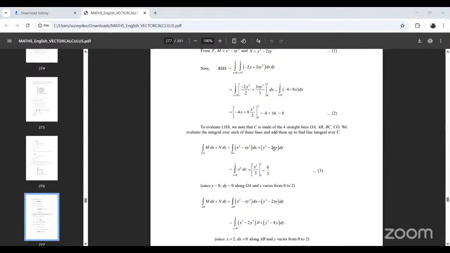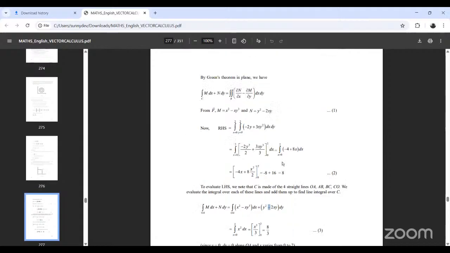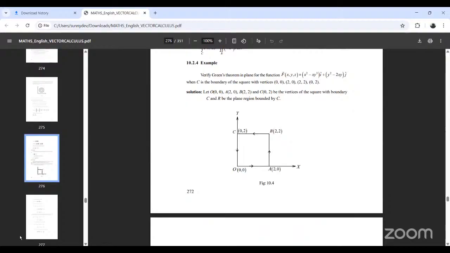Okay. Now here, along OA, y equals 0. You observe that on the curve OA, the x value is changing from 0 to 2, but y is 0 to 0 only.